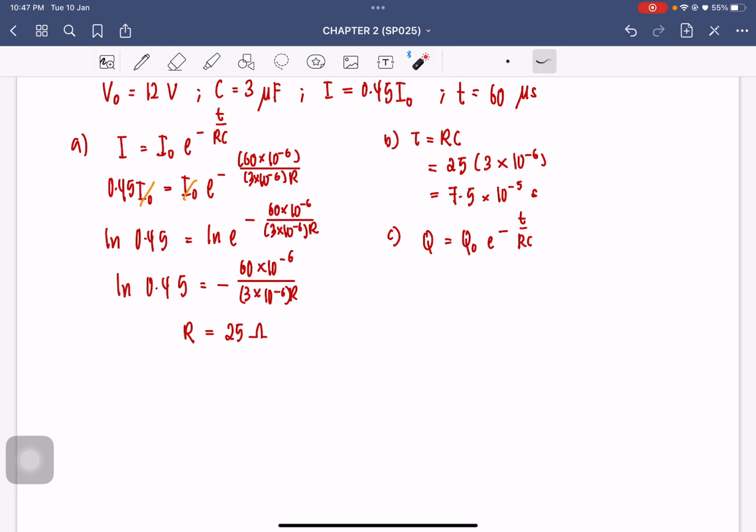However, we do not have any information on Q naught, but we do have the information on capacitance and V naught. So we know that Q naught is equal to CV naught. So kita boleh masukkanlah dalam di formula here. So dia jadi CV naught times e to the power of negative t over RC.